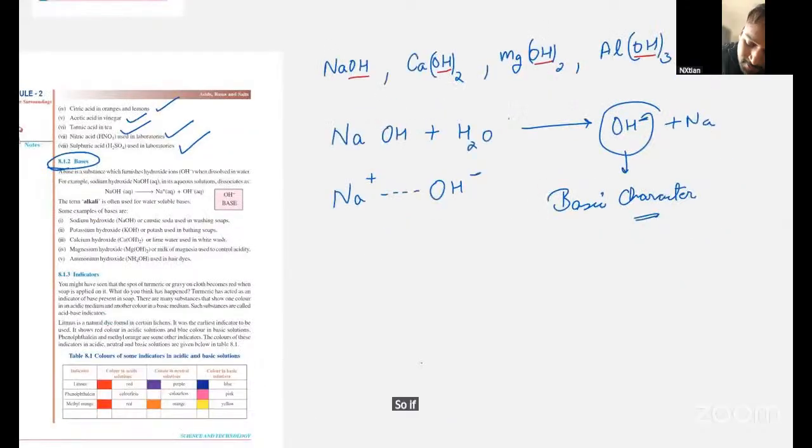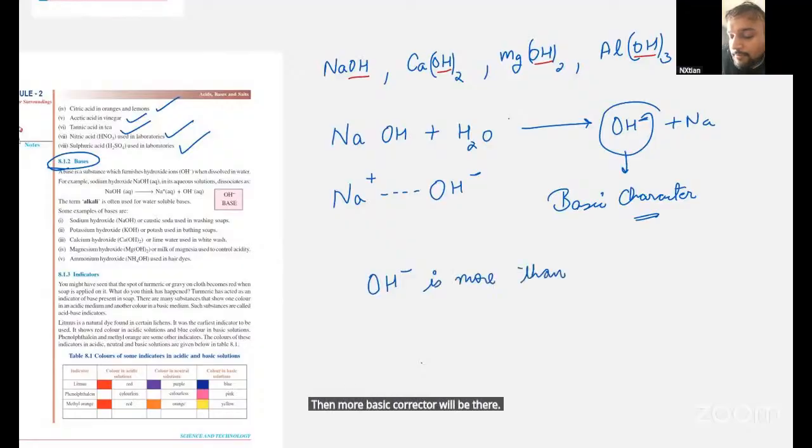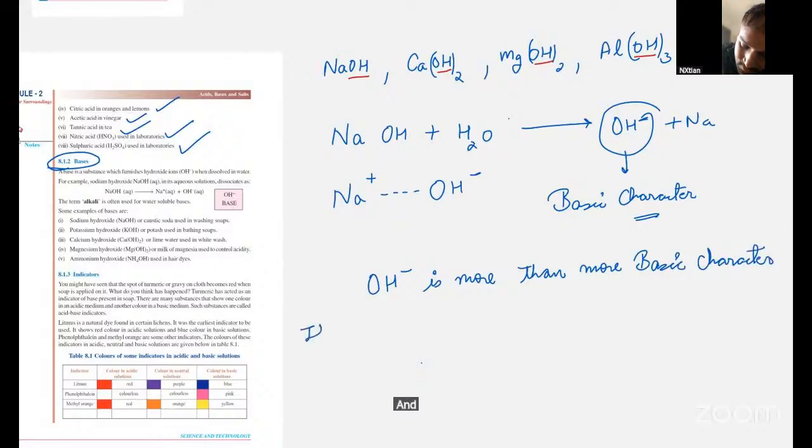So if OH minus is more, then more basic character will be there. So we can conclude that OH minus ions are directly proportional to the basic character.